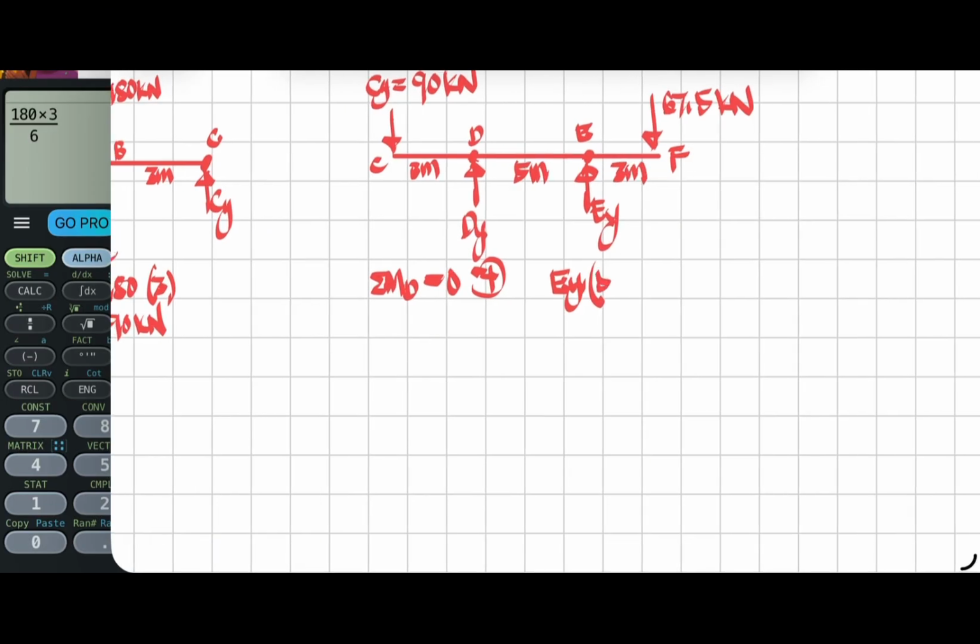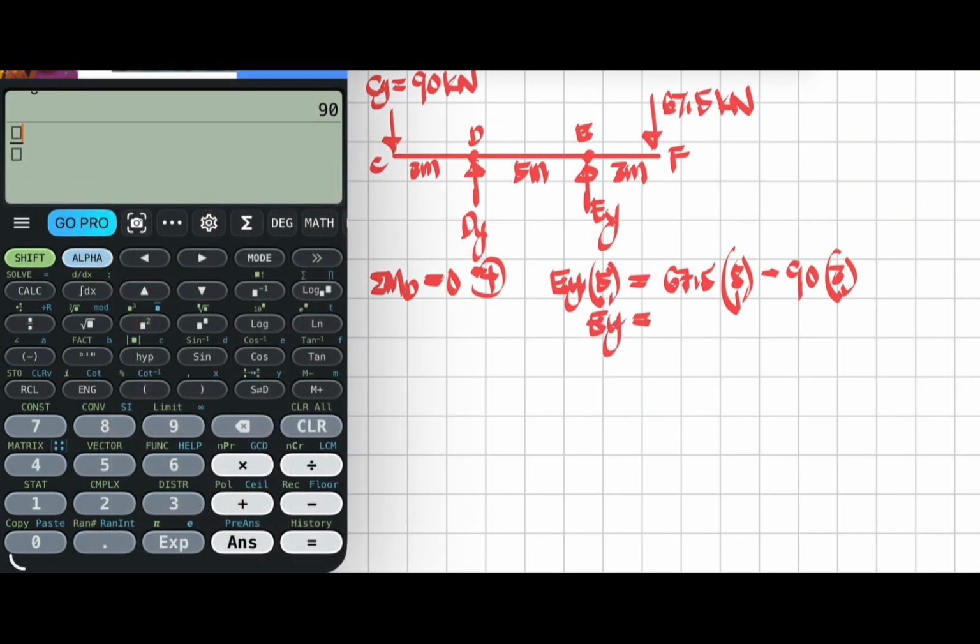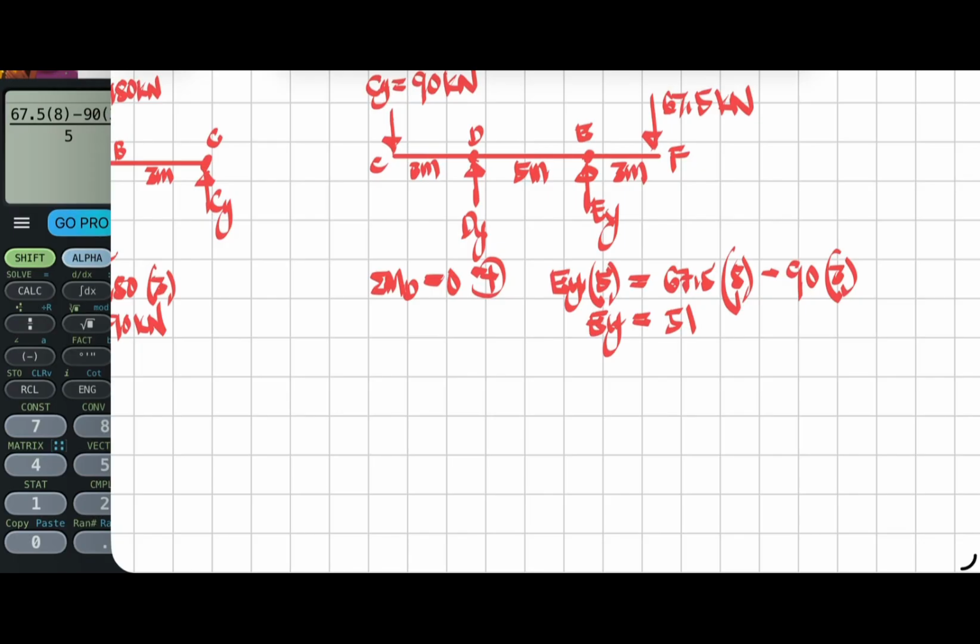So EY times 5 is equal to 67.5 times 8 minus 90 times 3. EY is equal to 67.5 times 8 minus 90 times 3 divided by 5. EY is 54 kilonewtons.